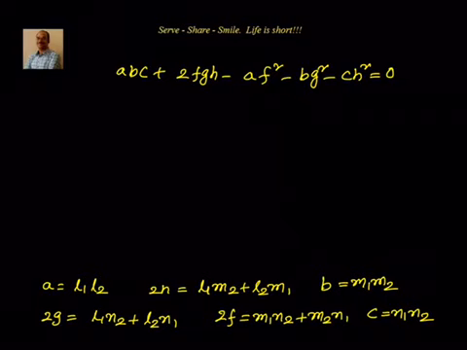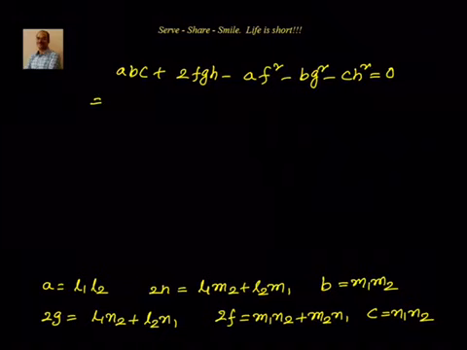We have a, b, c, fine. Then we have 2g, 2f, 2h, but here you have 2fgh. So I want to multiply this whole equation with 4 so that I can directly multiply 2g, 2f, 2h for this. So what I want to do now is multiply with 4.